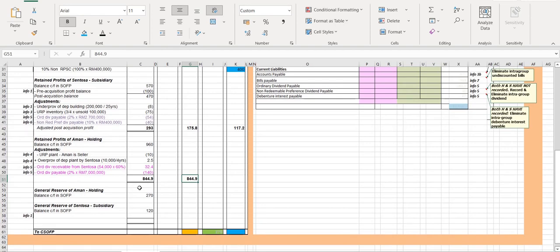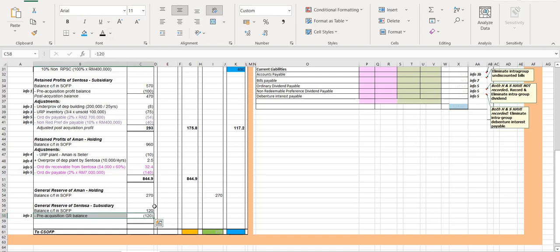Next is to put the balance of Aman. Here there is no adjustment to the general reserve, so it will be just the same, right? Make sure you put it in the correct general reserve column, and that case is only for the parent. Let's look at the next one, the general reserve of the subsidiary.